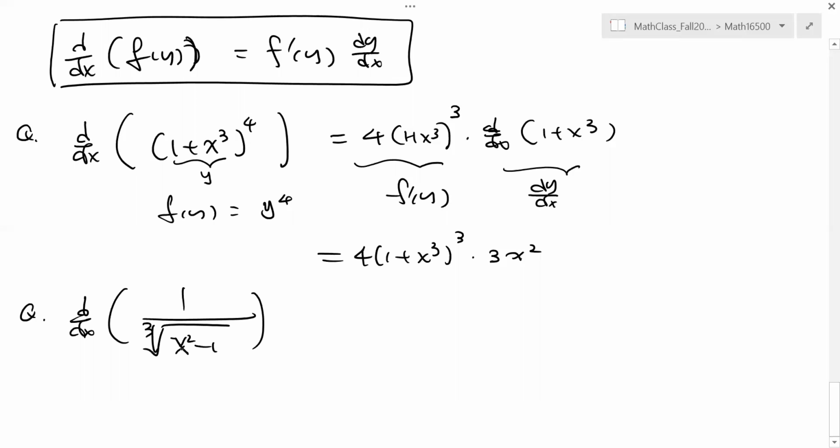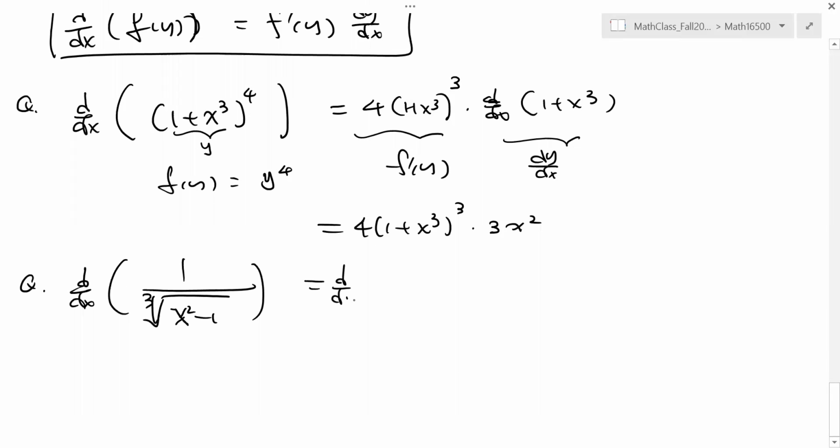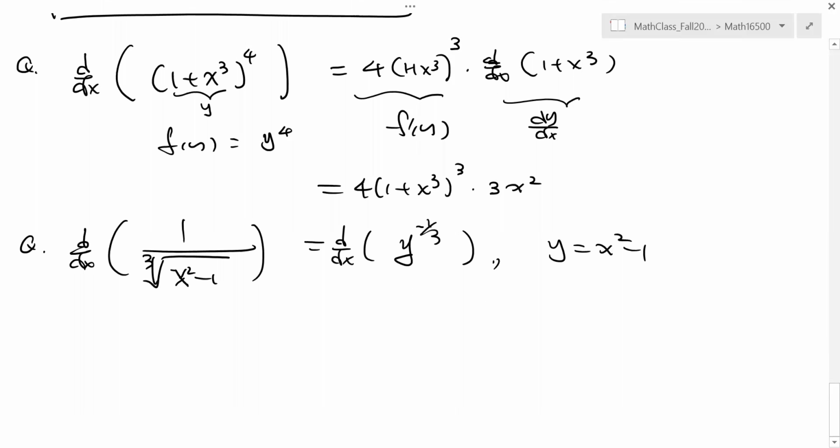You're going to find the derivative of this complicated function. To simplify your notation, you can simply write y to the negative 1/3, and here y equals x squared minus 1. You can write directly like this. But this is a derivative with respect to x, and y is going to be x squared minus 1.